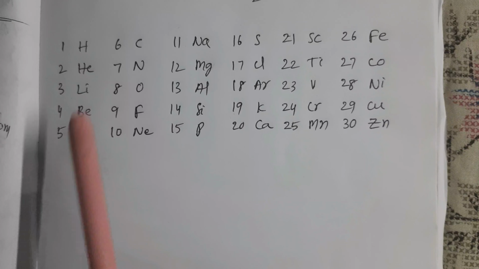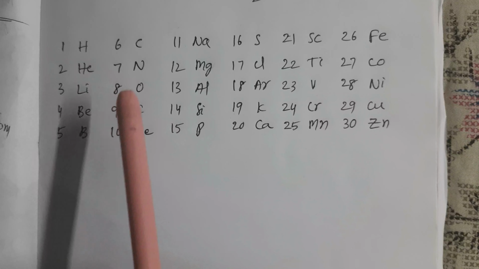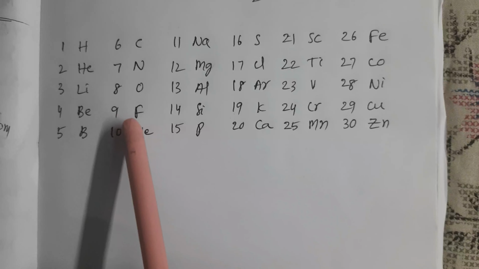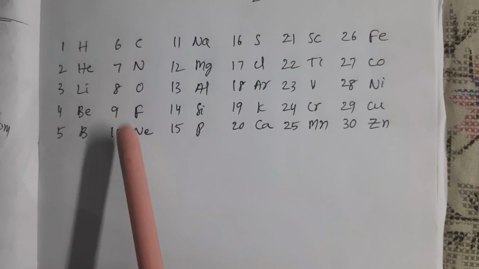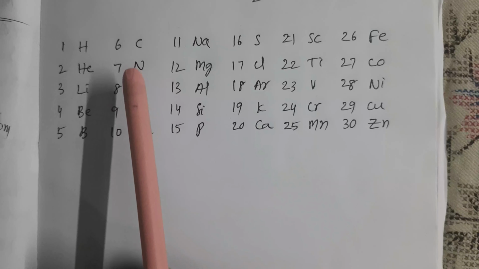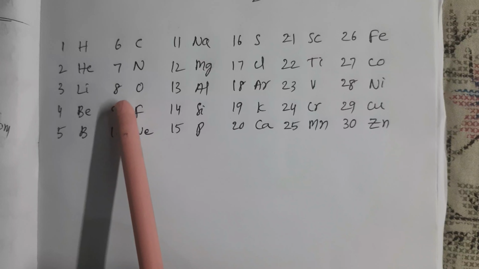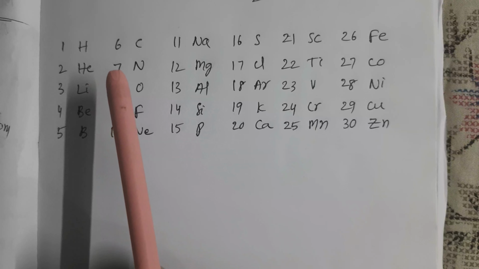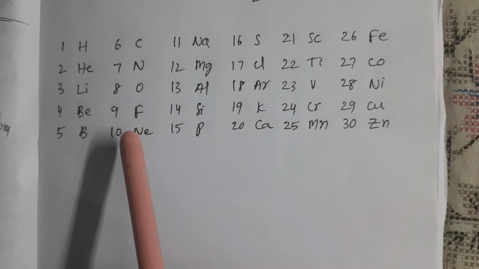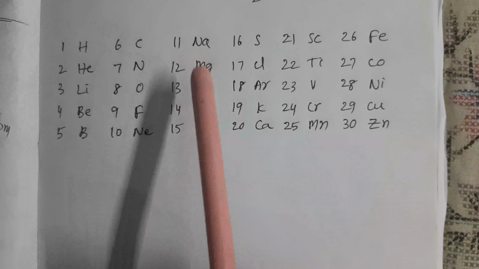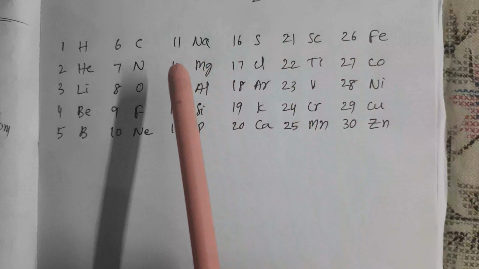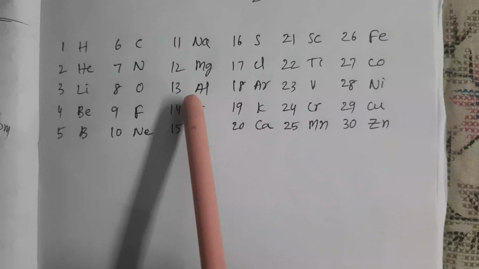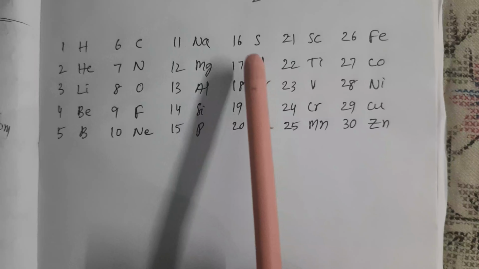After learning the first 5, you go to the second 5: carbon, nitrogen, oxygen, fluorine, neon. Again, carbon, nitrogen, oxygen, fluorine, neon. Like that you go through the entire list. Later I shall explain with speed how to learn easily. Sodium, magnesium, aluminum, silicon, phosphorus.